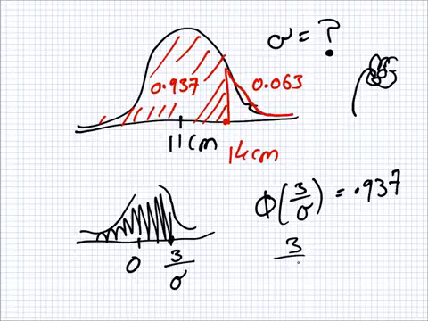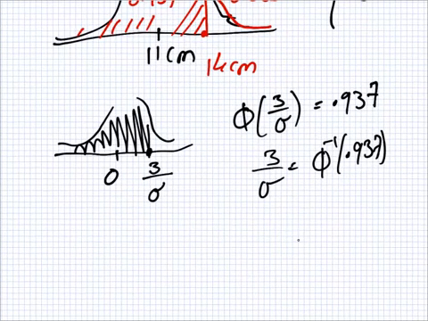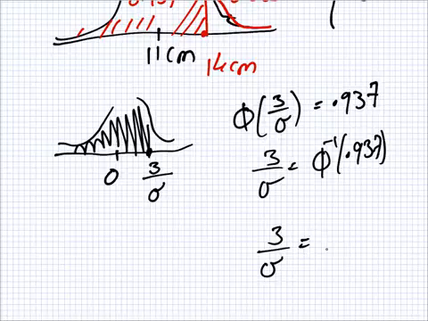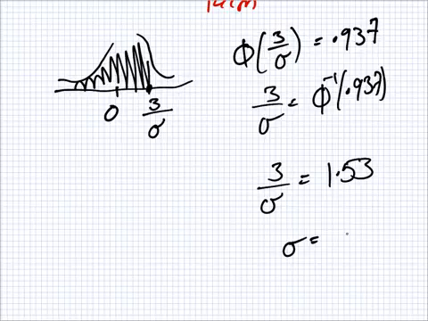So what we need to look up is the inverse of 0.937. What number do we need to make an area 0.937? 1.53, is it? Right, so then the sigma is 0.51 centimeters.